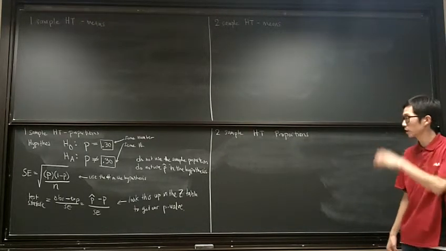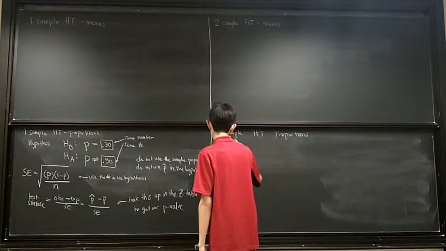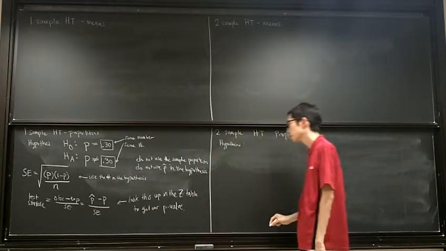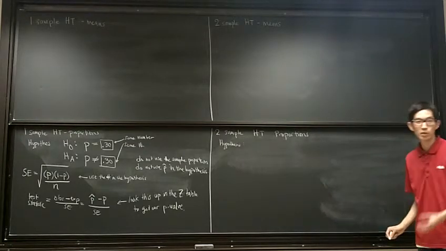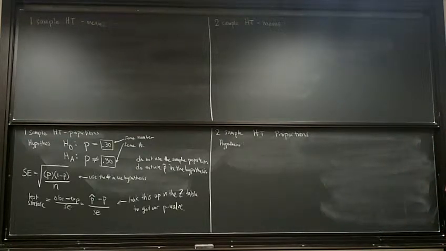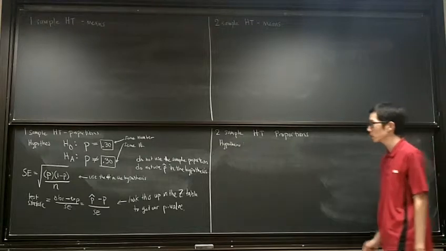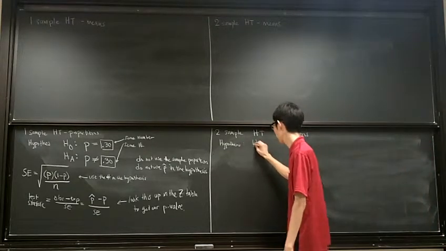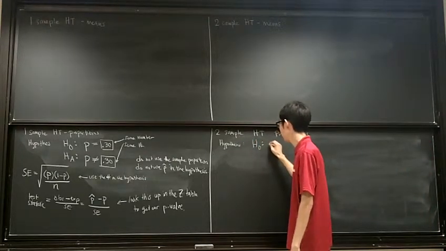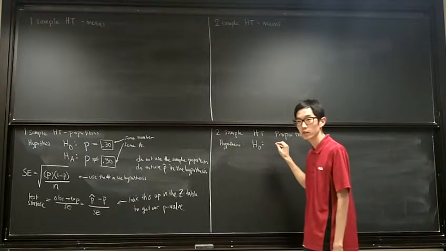Two-sample hypothesis test for proportions. Let's talk about that. Okay, so here, our hypothesis is we have two samples, and we're making comparisons about the two samples. So my null hypothesis is what?